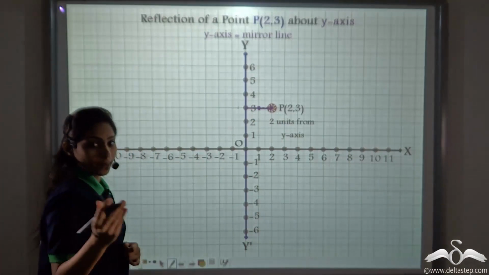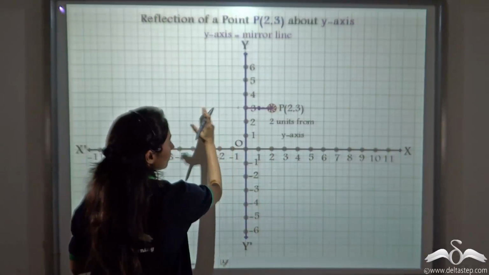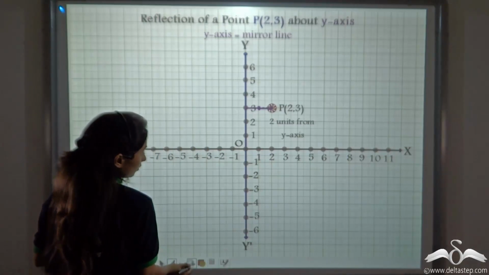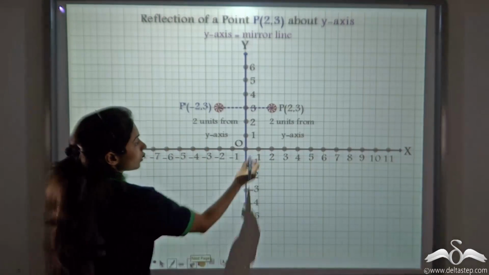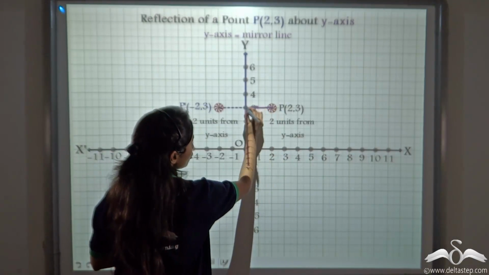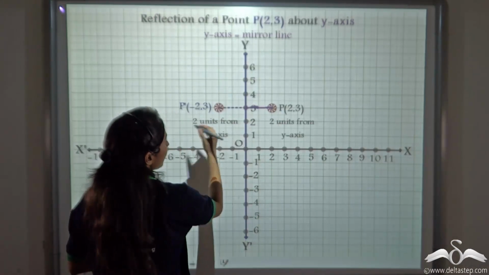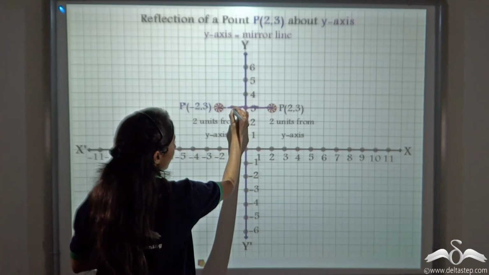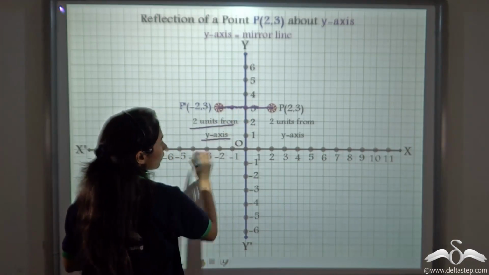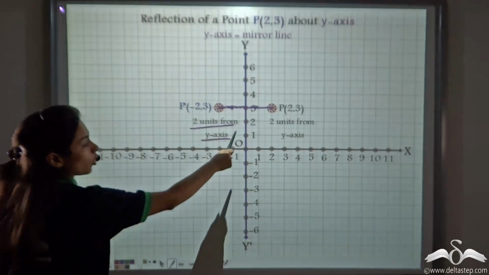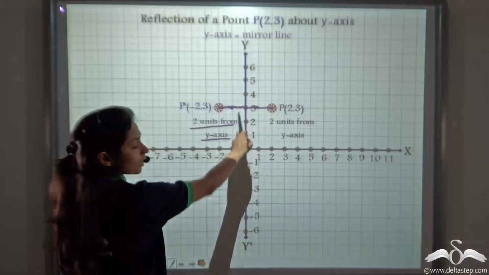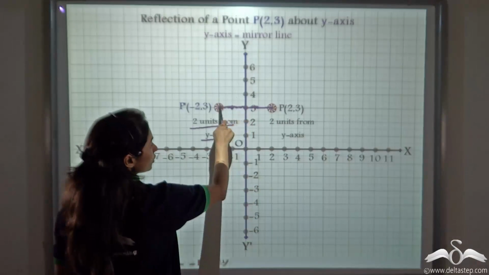So the image will also be 2 units from the mirror line. Like this, 1, 2, 2 units from the y-axis. So the distance from the object to the mirror is the same as the distance from the mirror to the image.